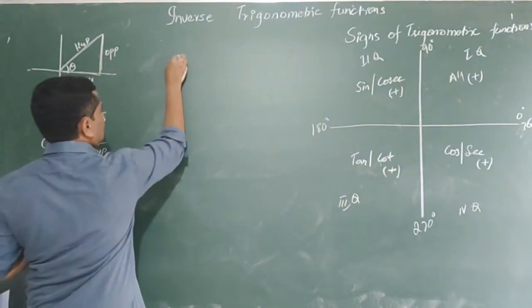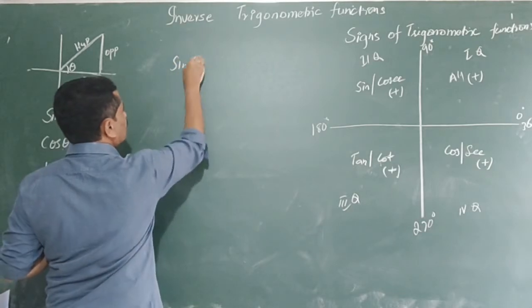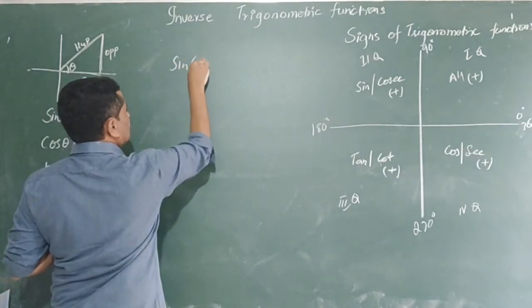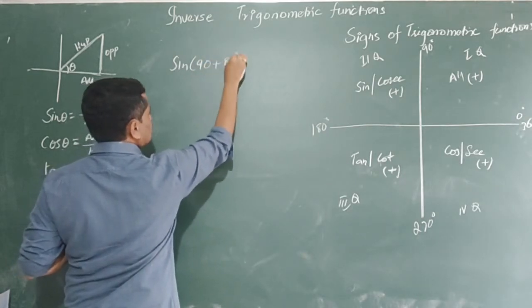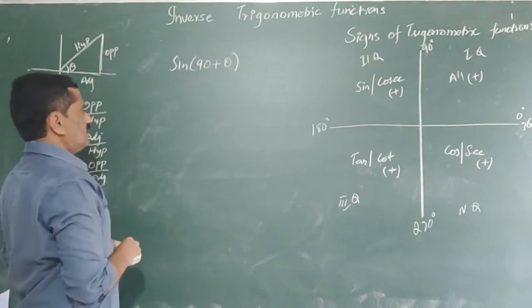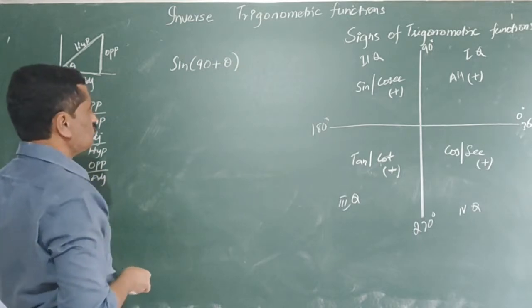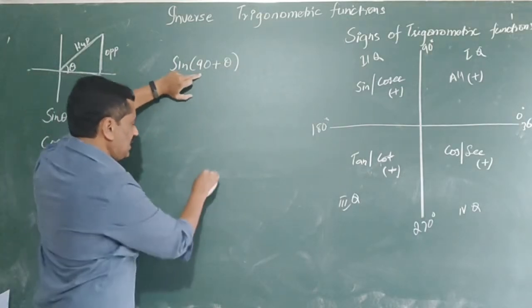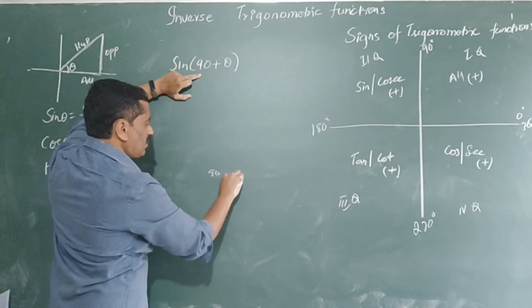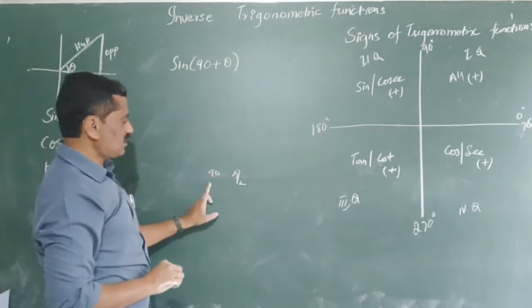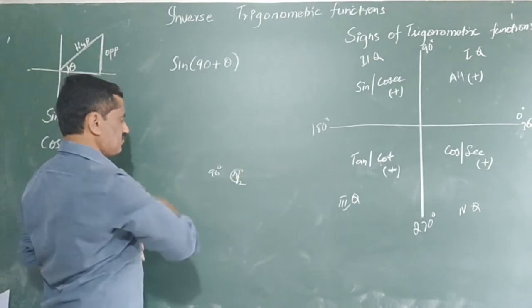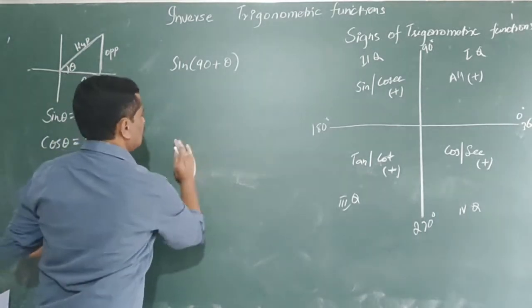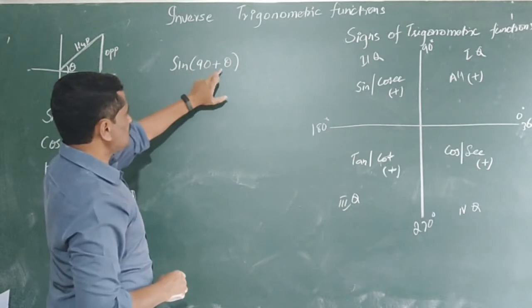I'll write like this, that is sine of 90 plus theta. So we know that 90 can be written as pi by 2. Remember this, 90 can be written as what? Pi by 2. Pi by 2 and 90 are the same; one is in terms of radians, the other in terms of degrees. So here we have 90 plus theta.